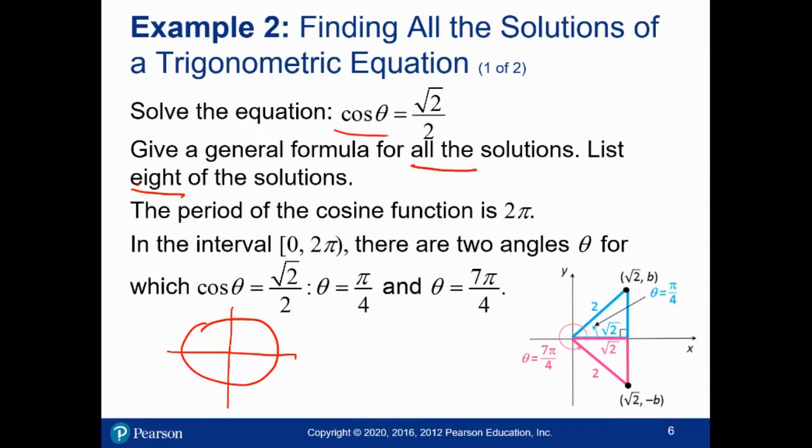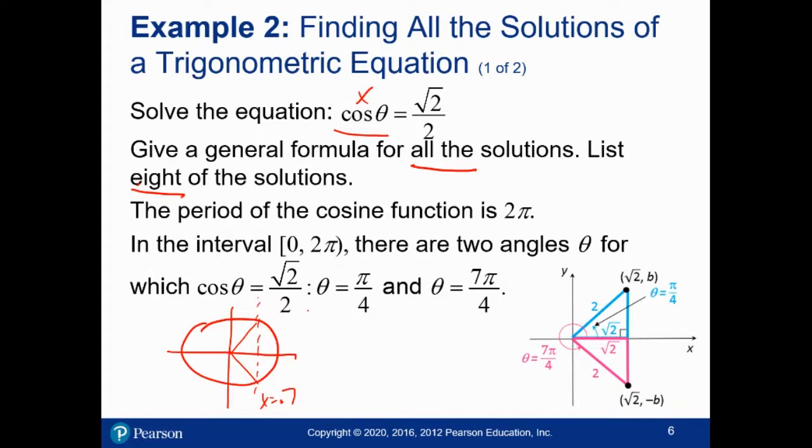So we're looking for the cosine of theta, aka the x-coordinate, to be about 0.7. So down here I'm going to draw this line at x equals about 0.7. Remember, I have a radius of 1, so 0.7 is inside that circle. So you can see there are 2 angles in the standard rotation of the circle that will do this.